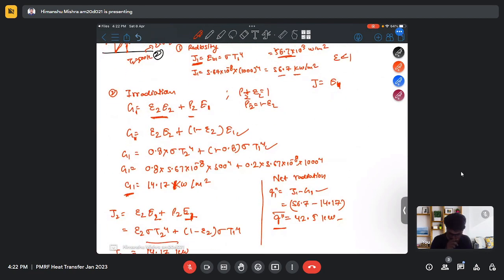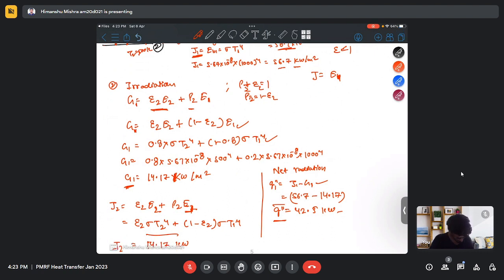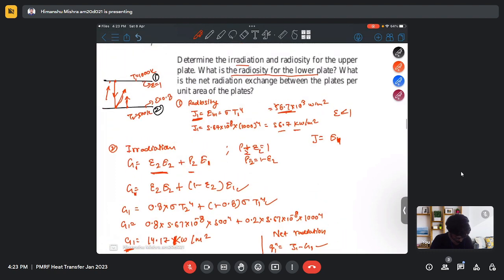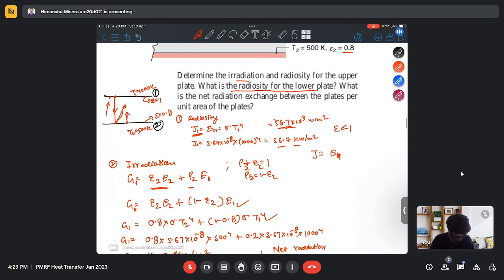So any doubt here? Sir, this transmissivity, for both the cases we have taken 0. So we have only emissivity and reflectivity. And what about the transmissivity?